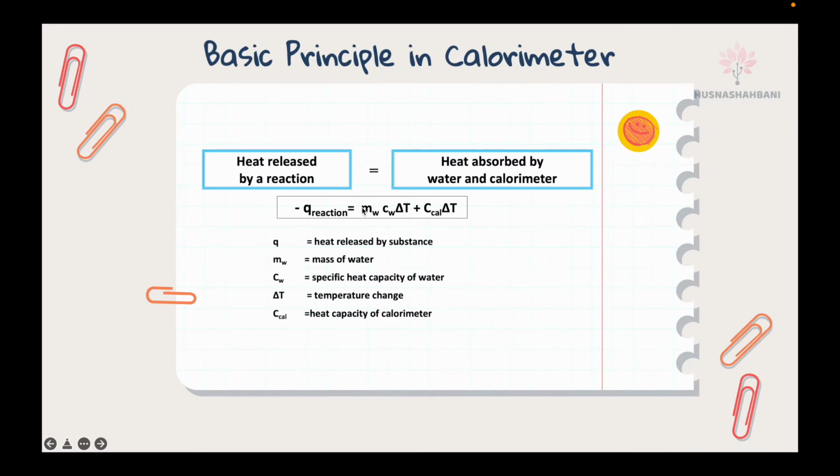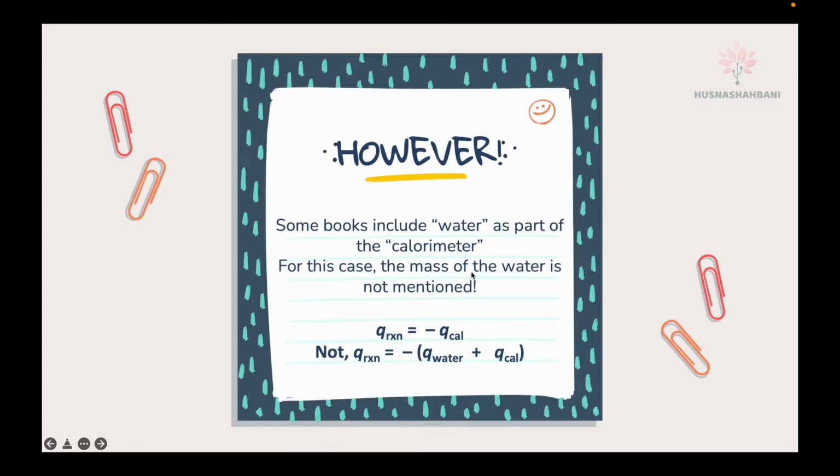We know that Q water is mass of water times the specific heat capacity of water. But if in the question the mass of water is not mentioned, just use the equation Q reaction equals negative Q calorimeter. So here, Q calorimeter already includes the water. So just use this equation.